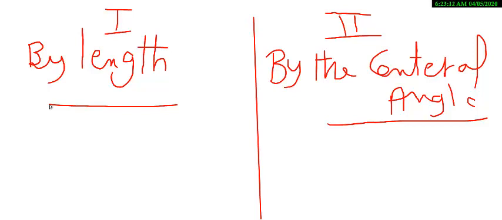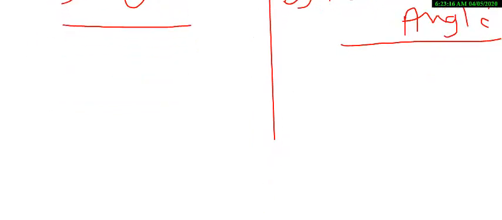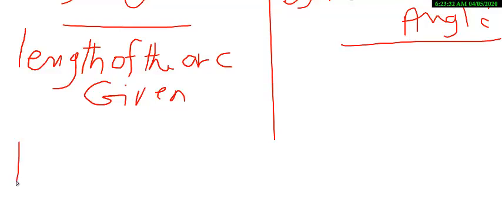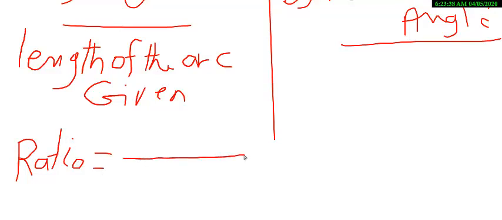If the question gave you the length of the arc, then I'm gonna use the mathematical formula: the ratio of the arc equals the length of the arc over the circumference of the circle, which is 2πr.